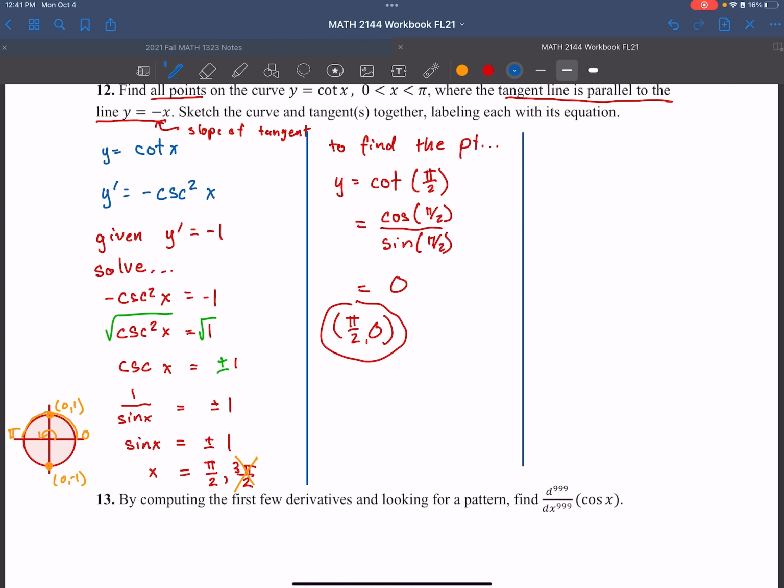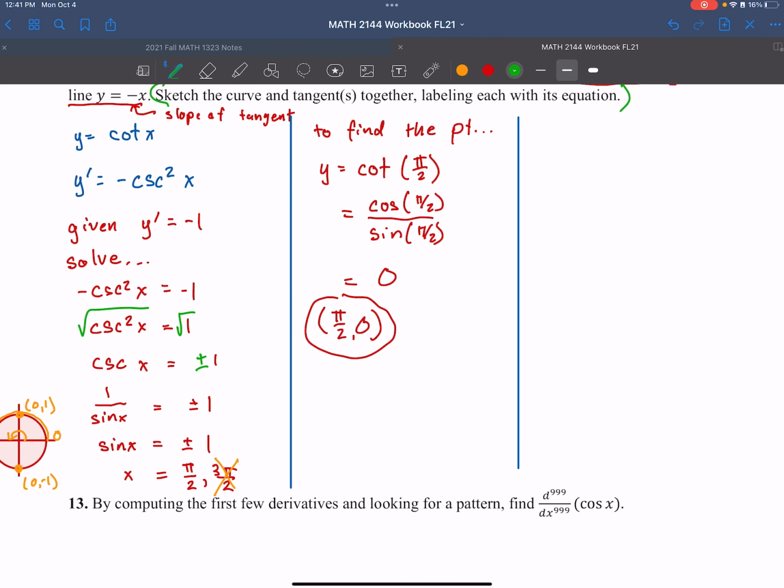Okay, so the second part of the question, sketch the curve and the tangents together, labeling each with its equation. So just to maybe have a quick little sketch of cotangent. I'm going to actually just sketch it in the first quadrant because it just wanted it between 0 and pi.